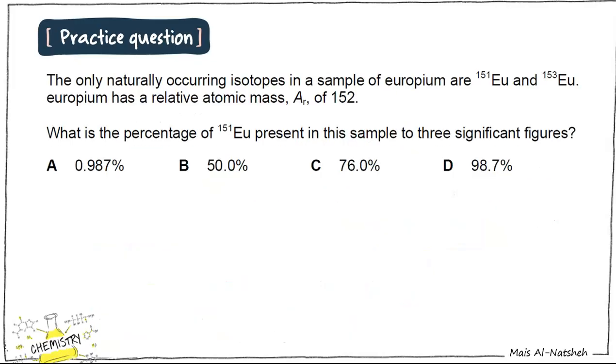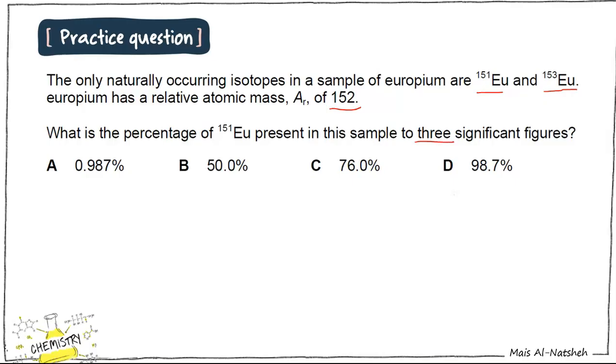The only naturally occurring isotopes in a sample of europium are europium-151 and europium-153. Europium has a relative atomic mass of 152, exactly in the middle between 151 and 153. What is the percentage of europium-151 present in this sample, to three significant figures?